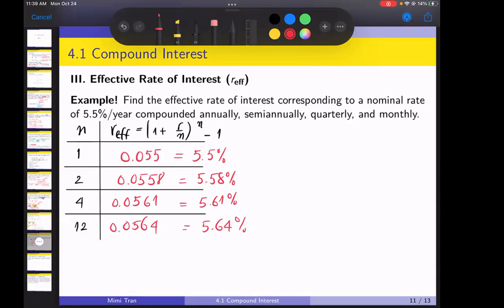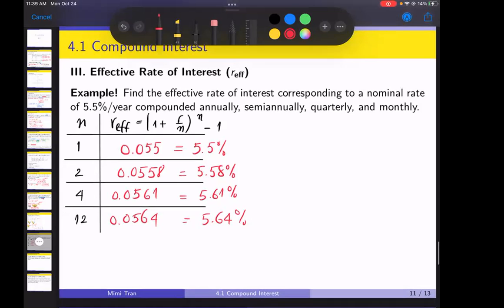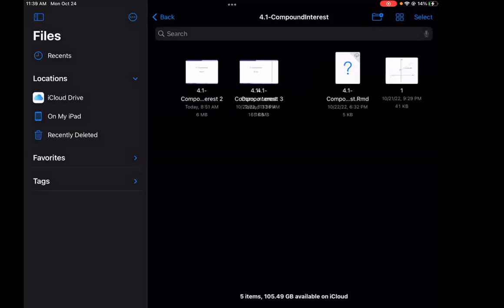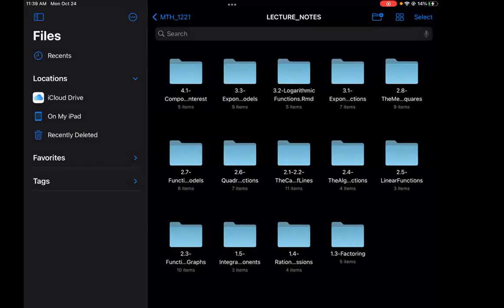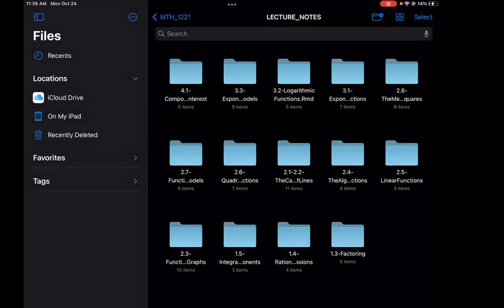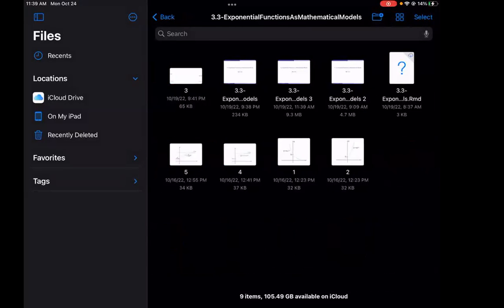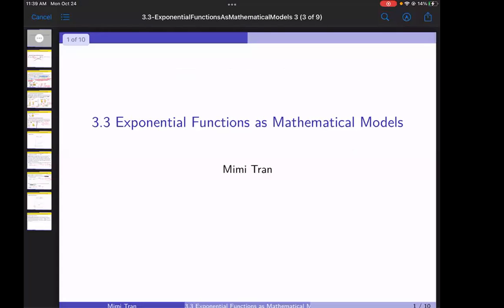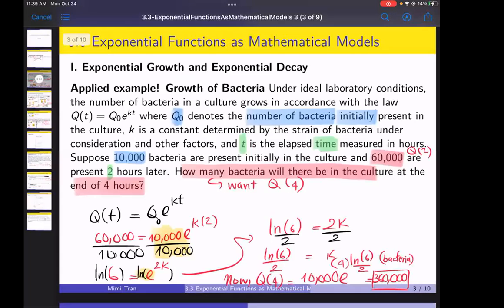All right, so the last two we're going to finish on Wednesday. For your exam, what you noted, well, you're supposed to do your homework too, but for section 3.3, is it 3.3? Is that the decay and growth one? Yes, 3.3.